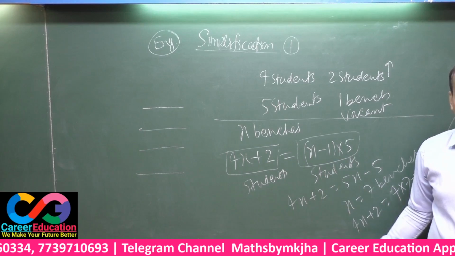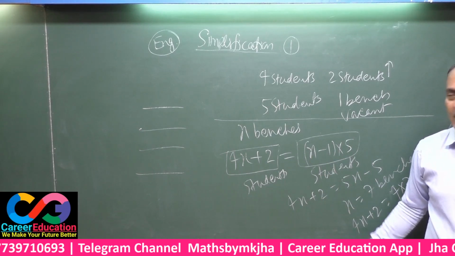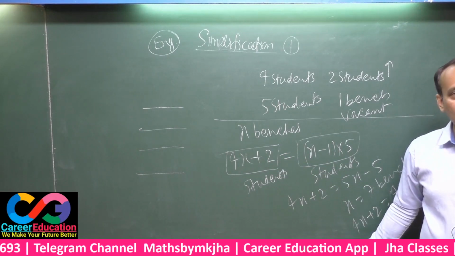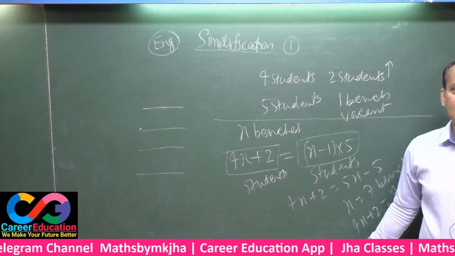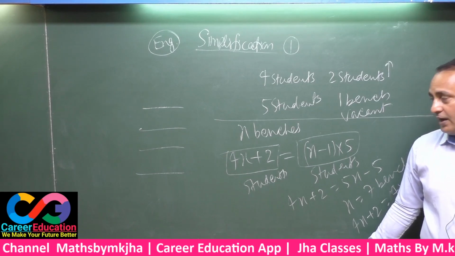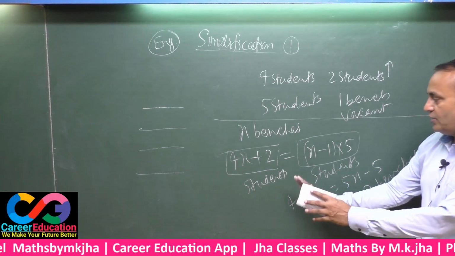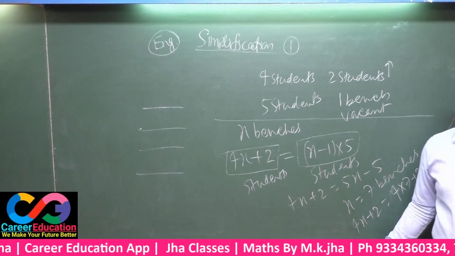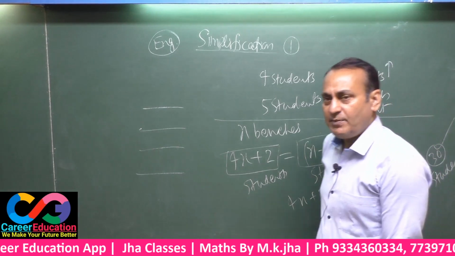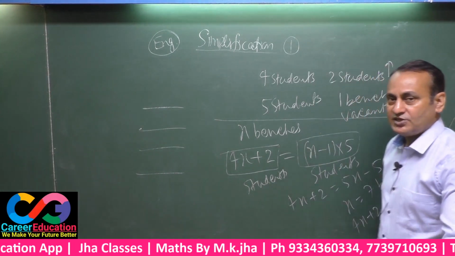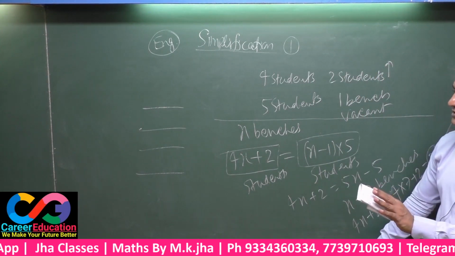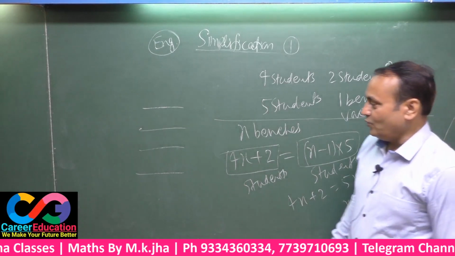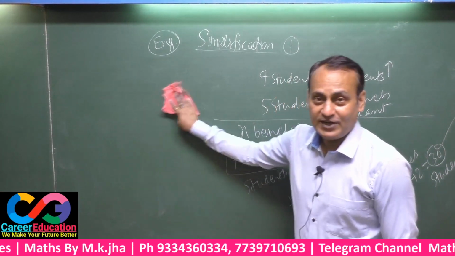Certainly x minus 1 into 5 students are there in the classroom, and 4x plus 2 students are there in the classroom. The classroom and the students are the same. Certainly this must be equal, and after equating you got the value of x, that is 7. That means in that classroom there are 7 benches and 30 students. Match the situation whether it is correct or not.